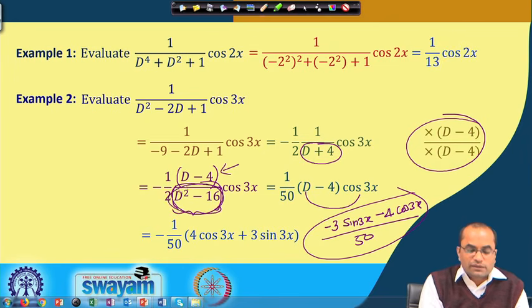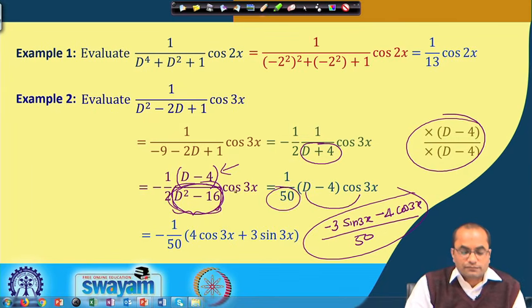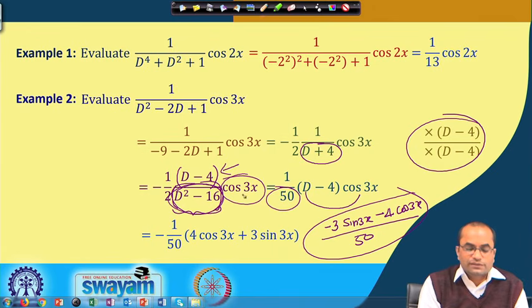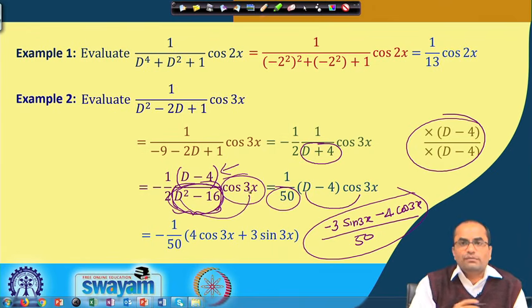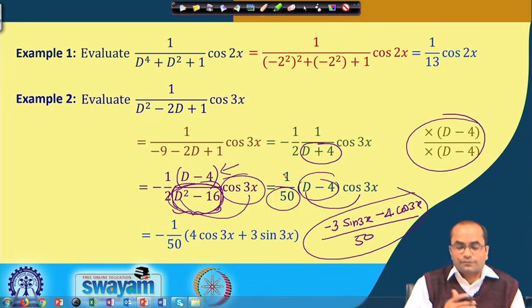So, d square minus 16 we can again apply, because the d square term is there. So, d square will be replaced by minus 3 square, and then we can proceed with the numerator. Once we have the operator in the numerator, that simply means the differential operator, and we can operate that easily on the given function.